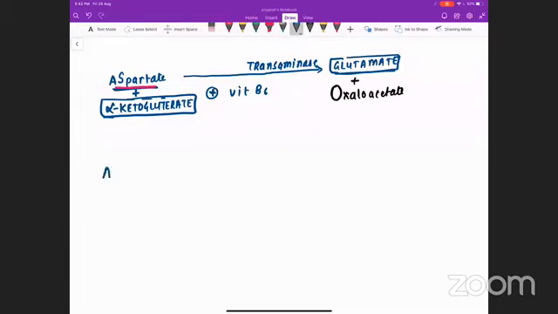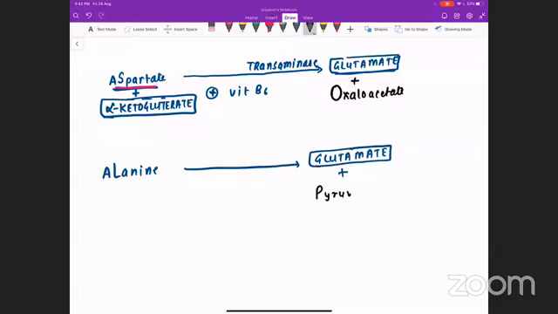For example, let's say I want to convert alanine into glutamate. Always the product is going to be glutamate in a transamination reaction. The byproduct of this reaction is pyruvate.